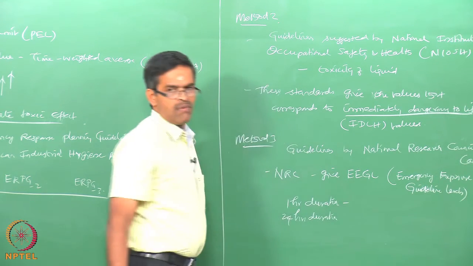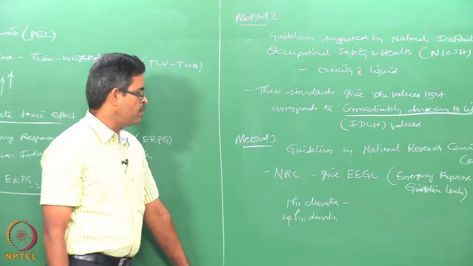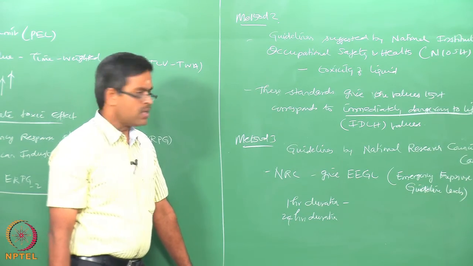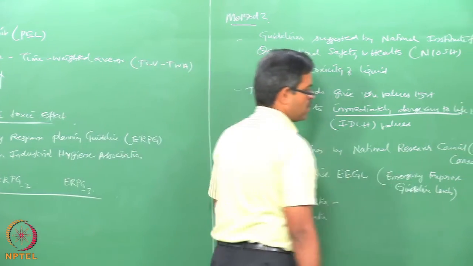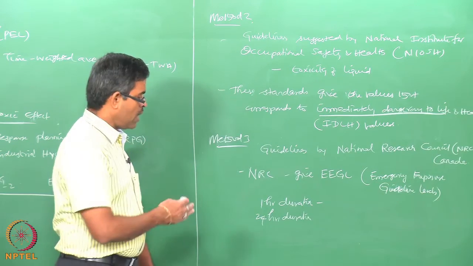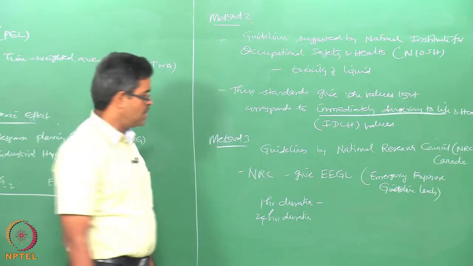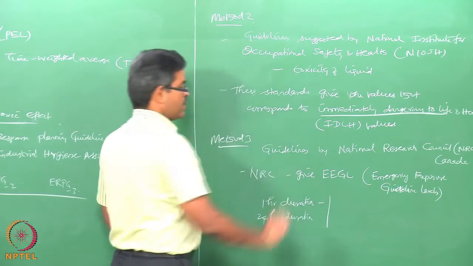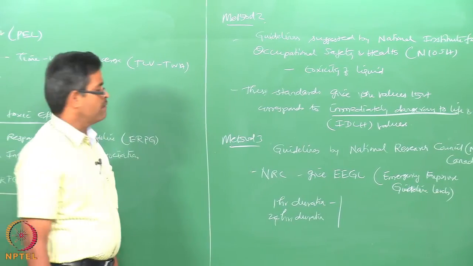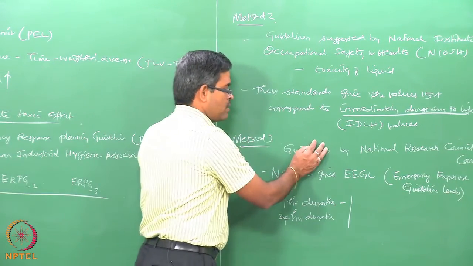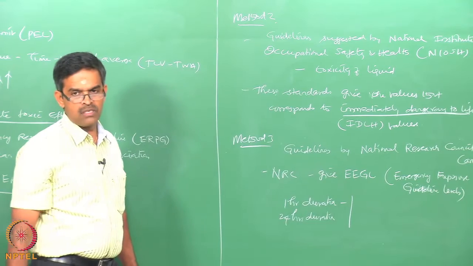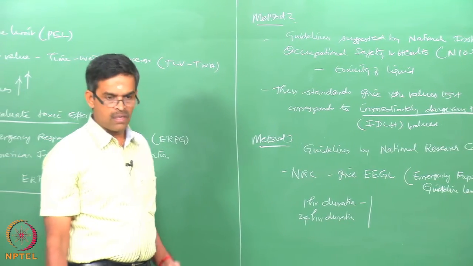So, what is the maximum value which a human being can sustain on emergency exposure to a chemical for an hour or for 24 hours? These are the values suggested by the National Research Council, Canada, which can also be used as a guideline to measure the toxicity of the released chemical in the atmosphere.